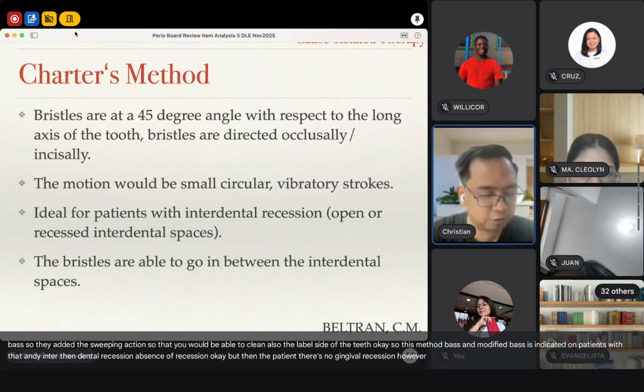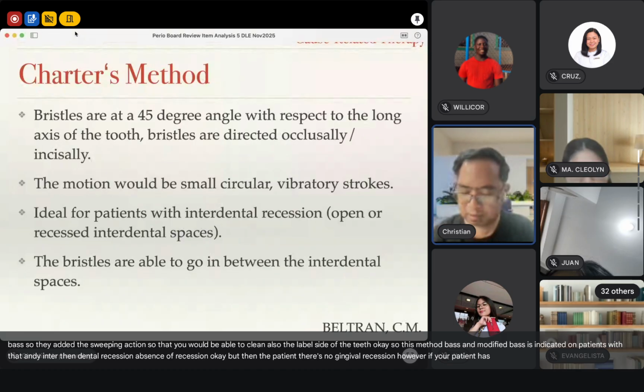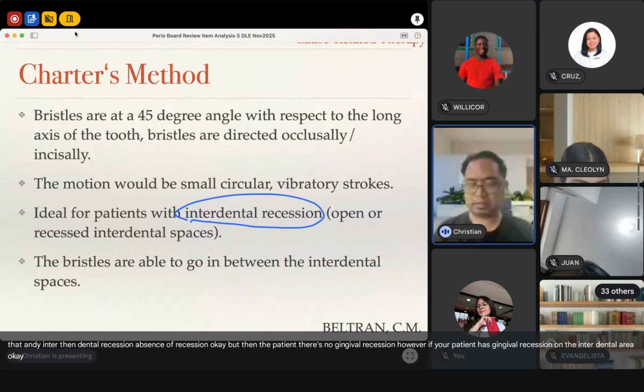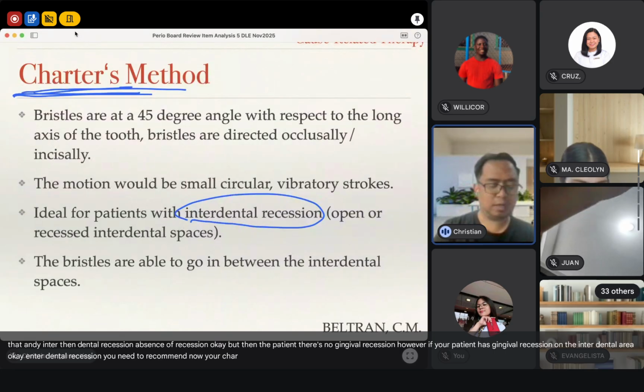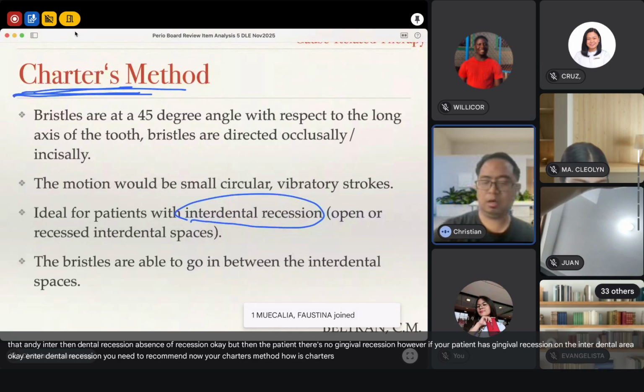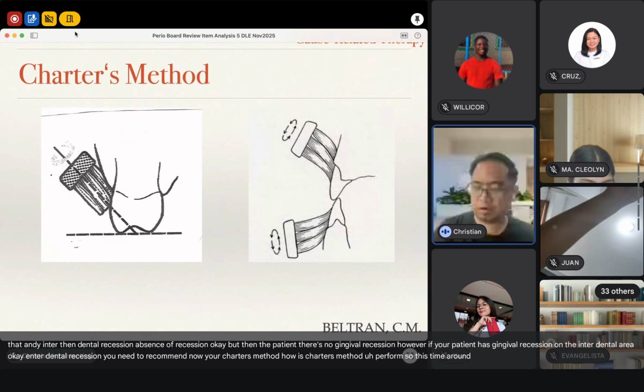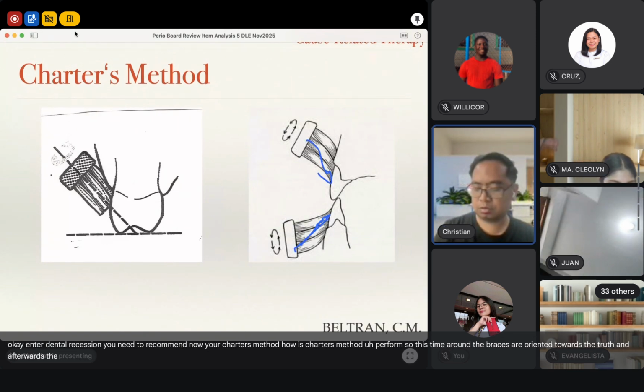However, if your patient has gingival recession on the interdental area, okay, interdental recession, you need to recommend now your Charters method. How is Charters method performed? So this time around, the bristles are oriented towards the tooth. Ayan, towards the tooth.